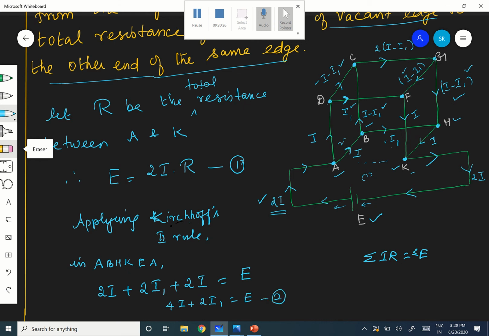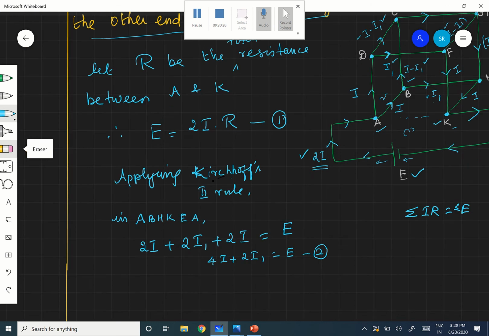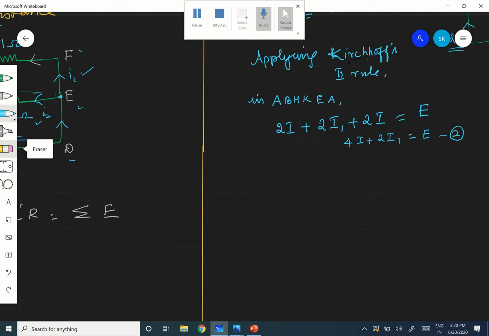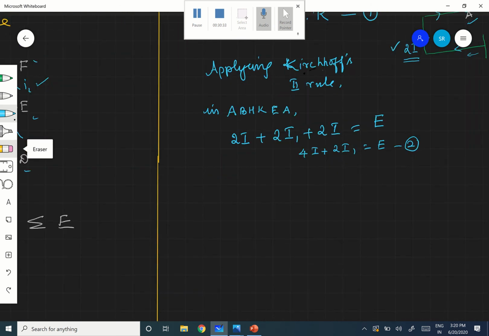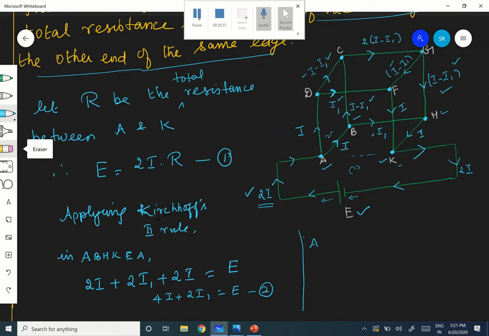Then now we apply the same second rule, applying the same rule in the loop DCGFD.